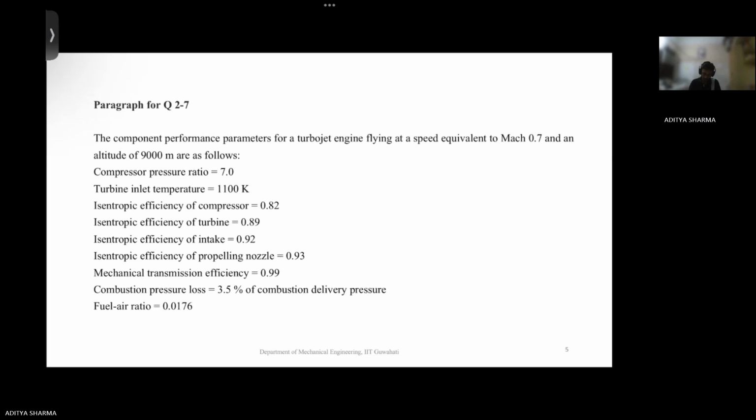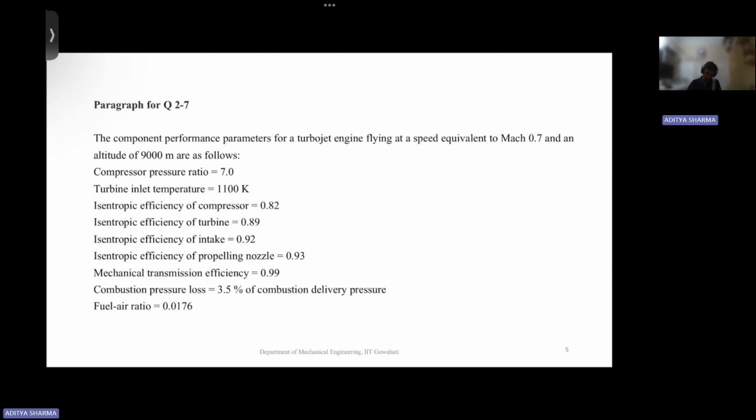So the question talks about a turbojet engine. Let's read the paragraph first, and then based on this paragraph, we'll do the questions.